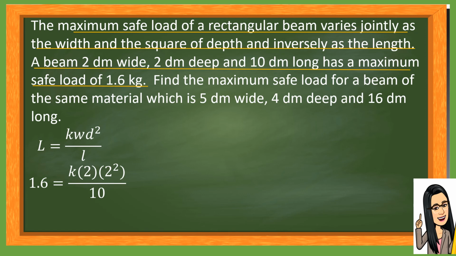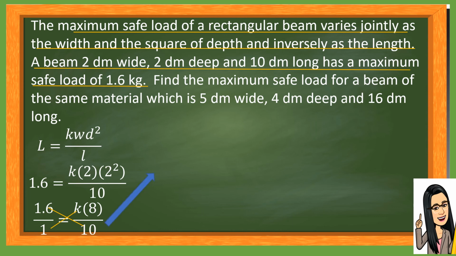Let us change 1.6 to fraction. Then the square of 2 is 4 times 2 is 8. Then cross multiply 1 times K times 8, which is 8K. Then 10 times 1.6 is 16.